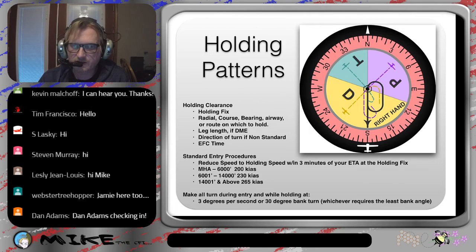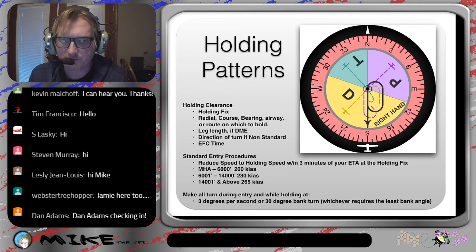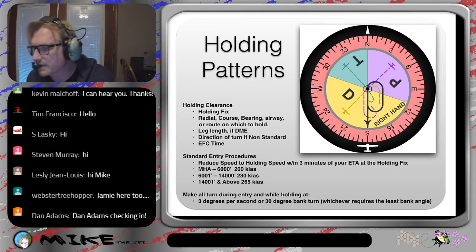Some standard entry procedures. So it says you want to reduce your holding speed within 3 minutes of your estimated time of arrival at the holding fix. And they list some maximum authorized holding speeds. So from the minimum height up to 6,000, the maximum speed that you could do a holding pattern is 200 knots, and then it goes to 230, and then above 14,000, you can see it's 265 knots.